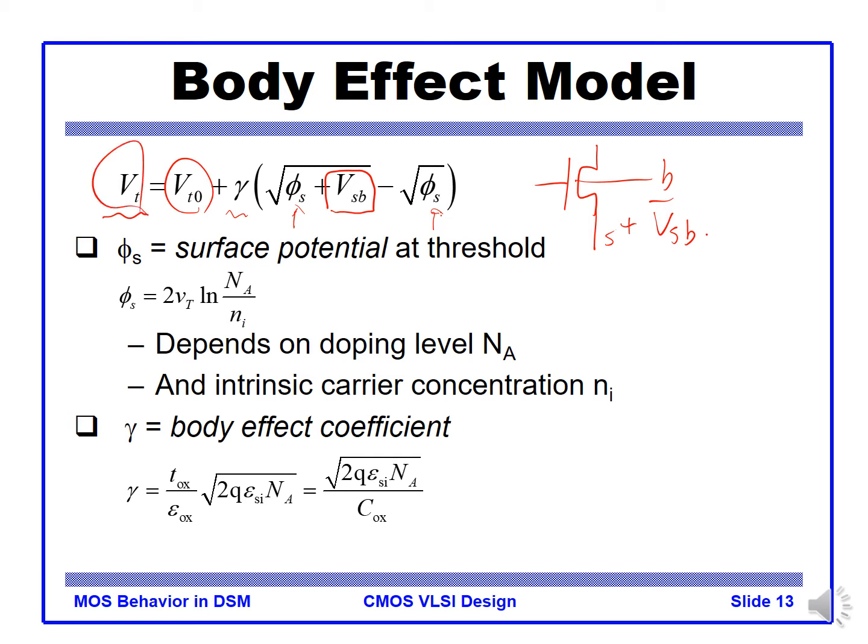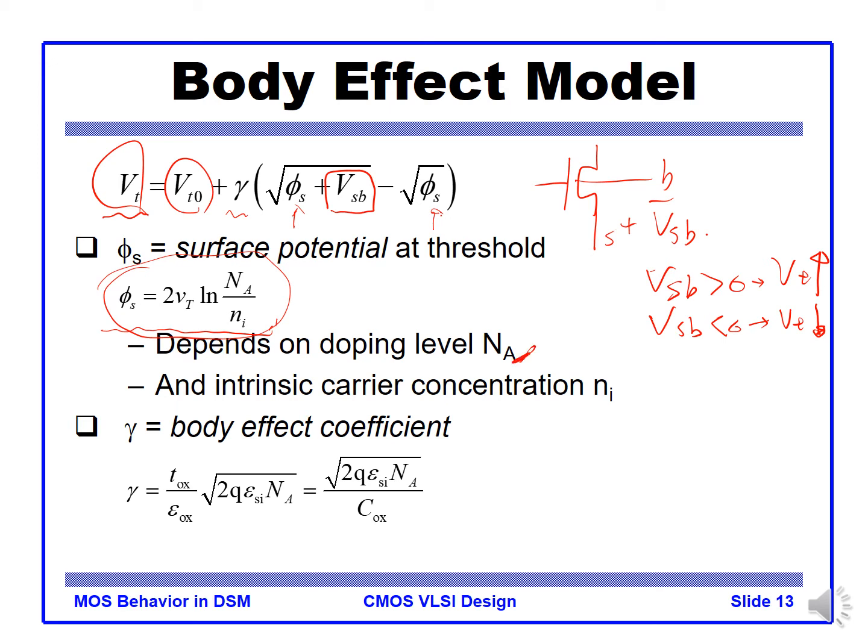So if you have a higher VSB, if the VSB is greater than 0, then VTH can go up. But if the VSB is less than 0, then the threshold voltage will go down, right? According to this equation.